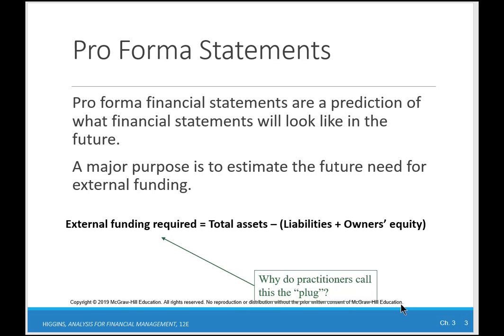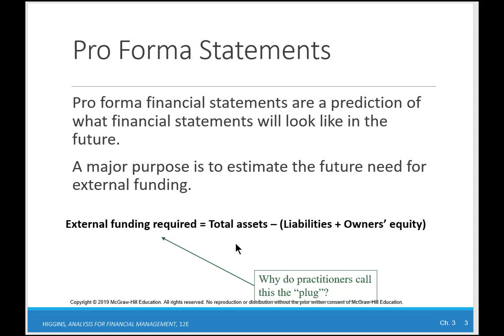Now, if you think about a balance sheet, the right-hand side of the balance sheet, liabilities and equity, a way of thinking of this is all the money we have right now to buy assets. And total assets, obviously, is that number we're looking for.